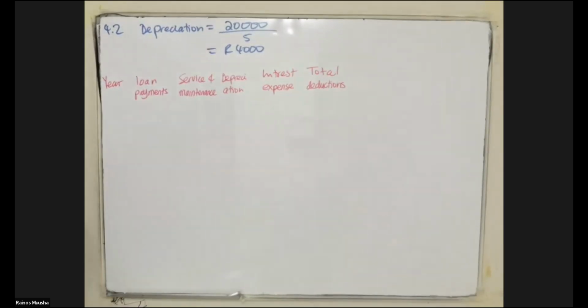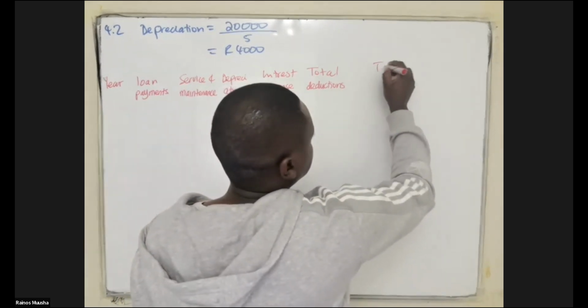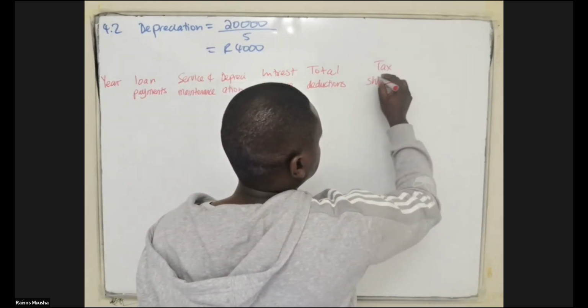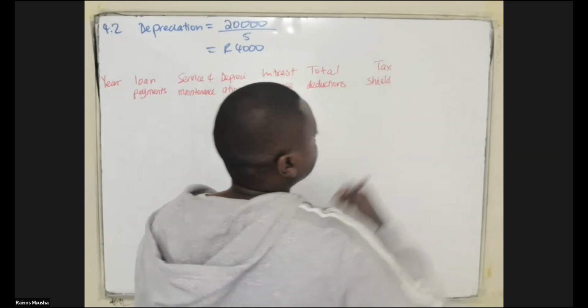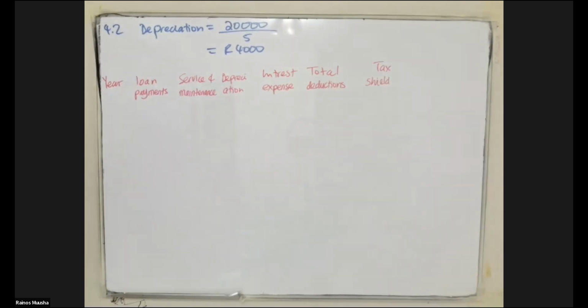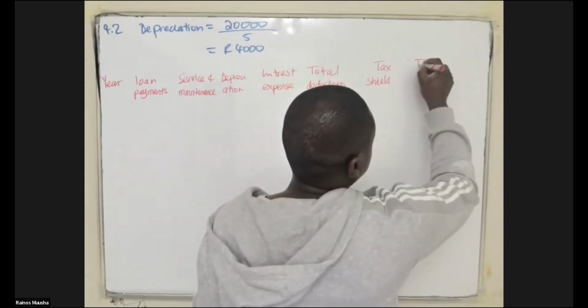From the total deductions, we should be able to find the tax shield. And after determining the tax shield, we can now calculate the after-tax cash outflows.